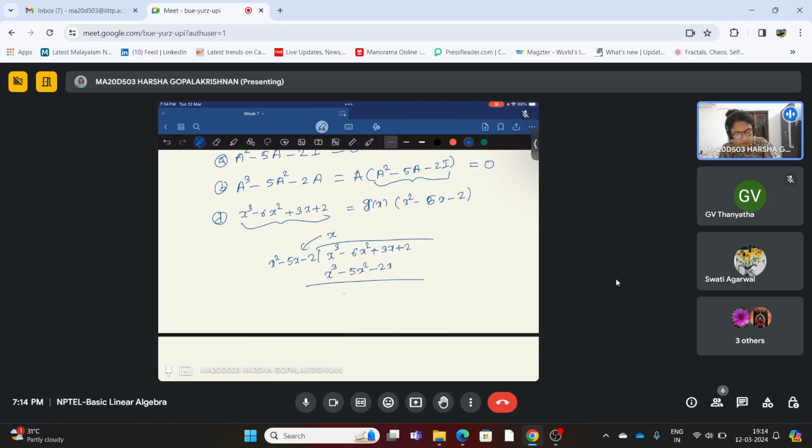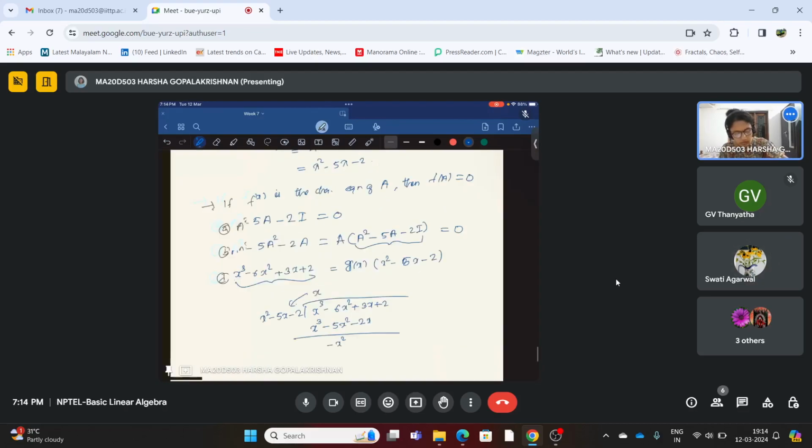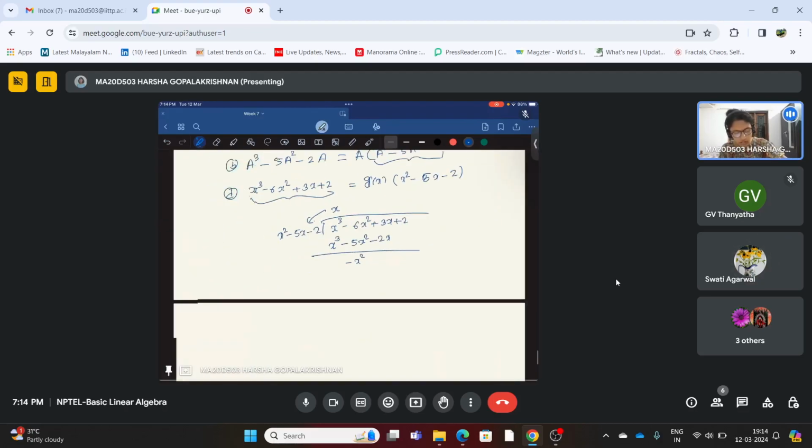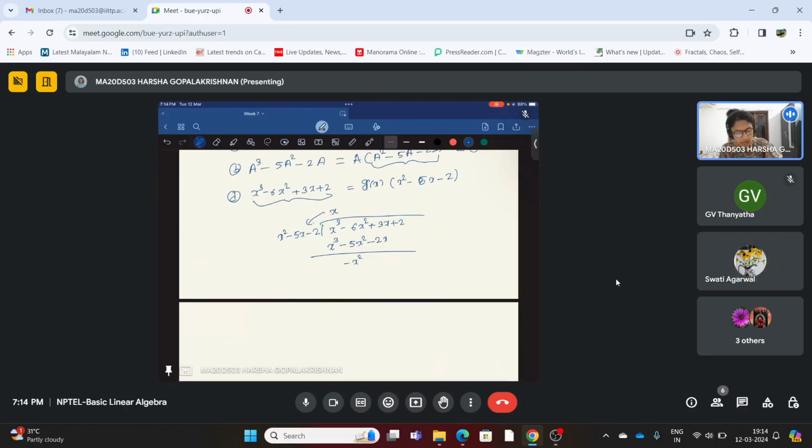So it should be minus x square. Are you able to follow this? Minus x square minus minus 5x square gives minus x square. And here it is 3x minus minus 2x.